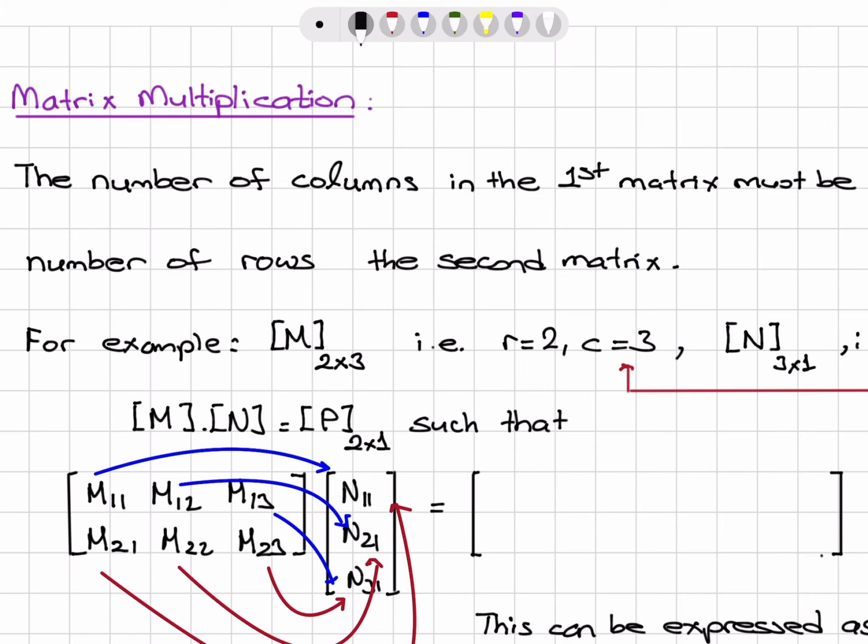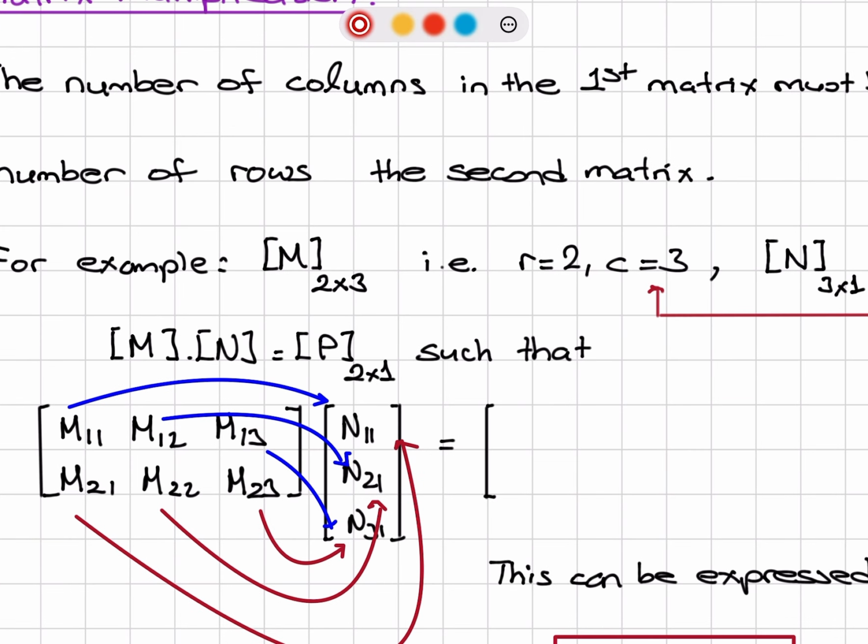Okay, so how do we find the elements of the P matrix? The first row, first column in the first matrix will be multiplied with the first row, first column in the second matrix. It will be M11, N11. The first row, second column will be multiplied with second row, first column, M12, N21.